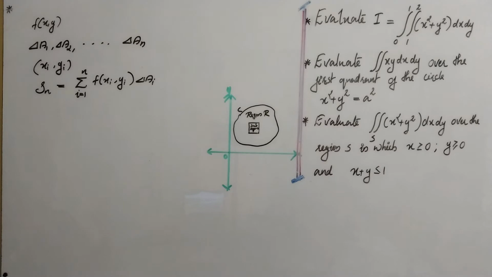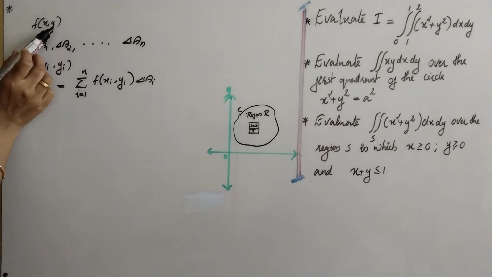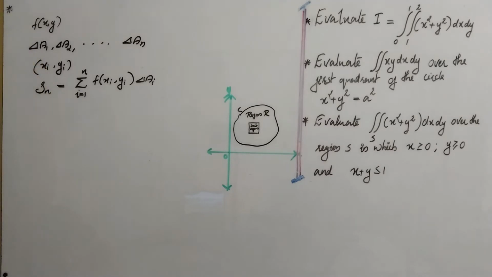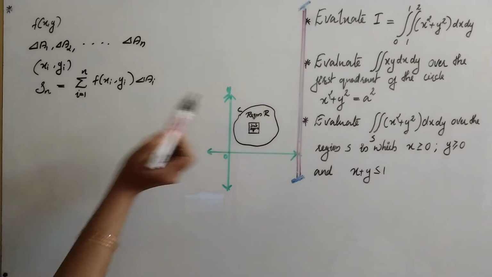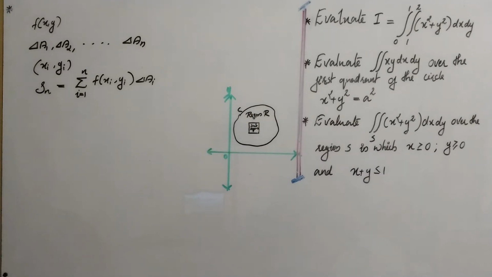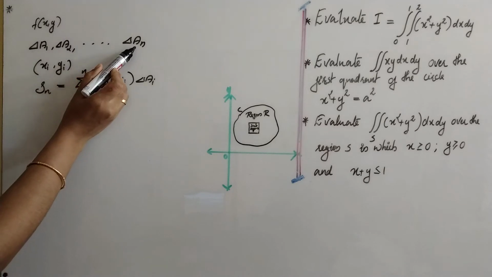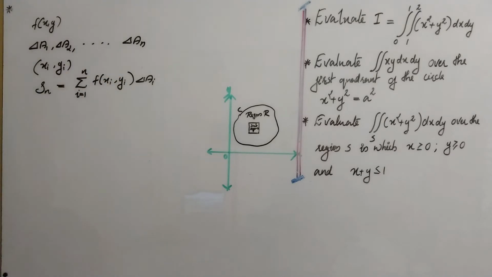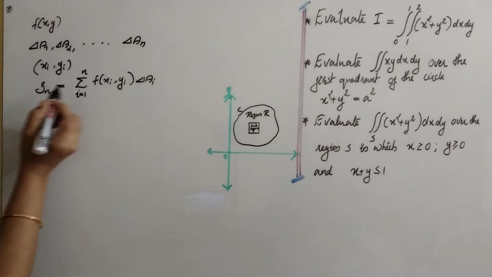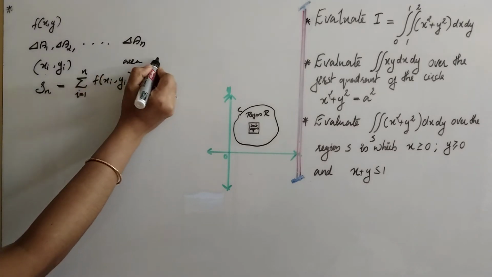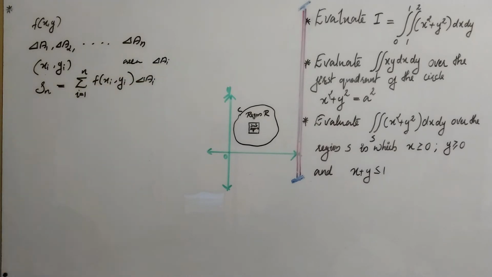Let f of x y be a continuous function of two variables x and y defined on a region R bounded by a closed curve C. The region R is divided into n subregions of areas delta A1, delta A2, etc., delta An, and xi and yi are any points in the subregion of area delta Ai.